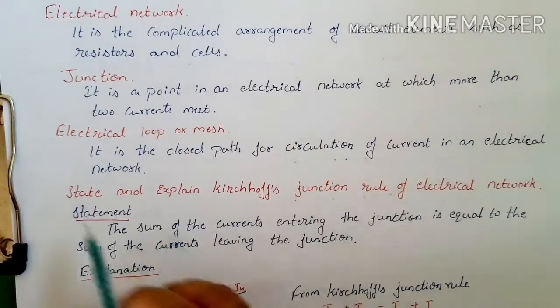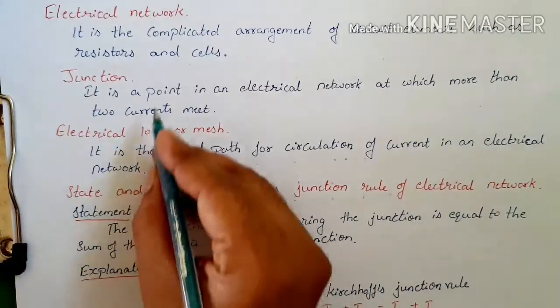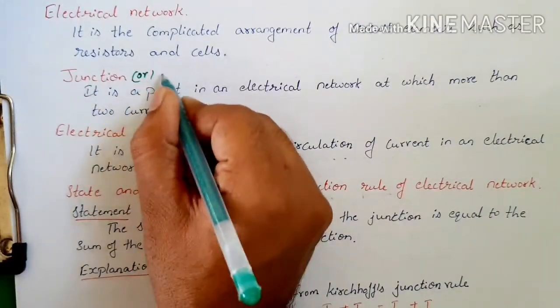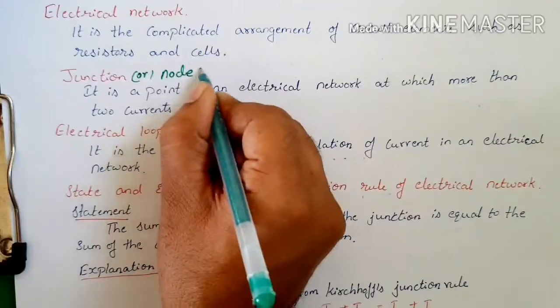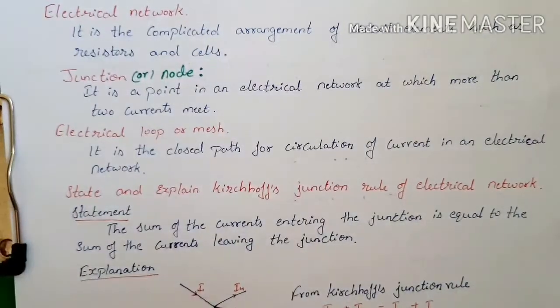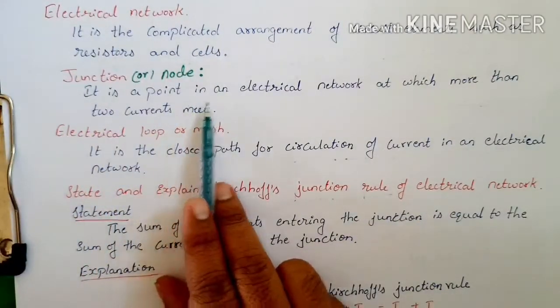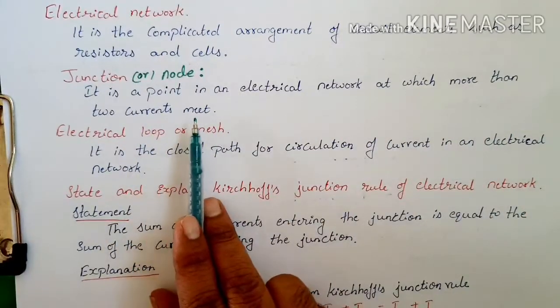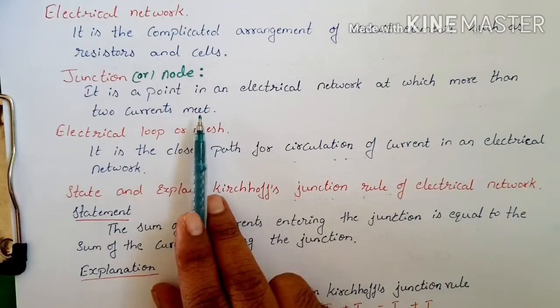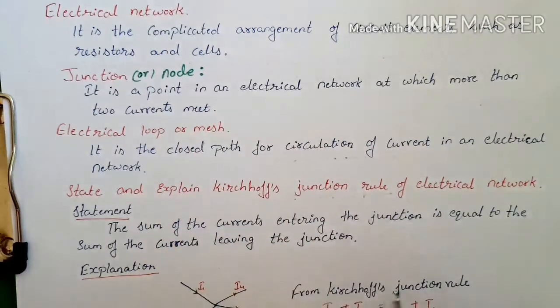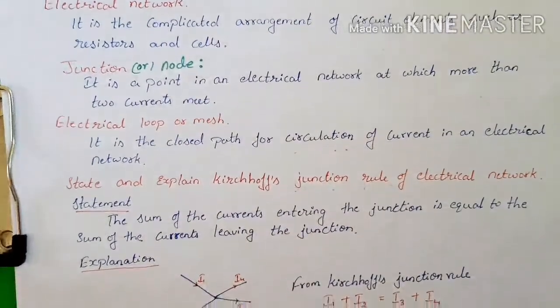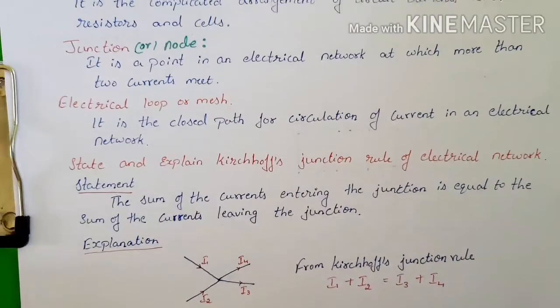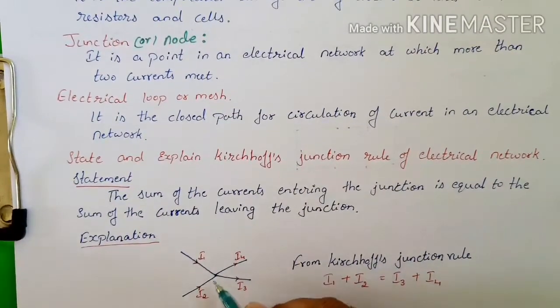The meaning of junction, or we also call it a node. A node or a junction is nothing but a point in an electrical network at which more than two currents meet. At that point we call it a node or junction. You can see the diagram below. This is the point where the currents are entering and leaving.